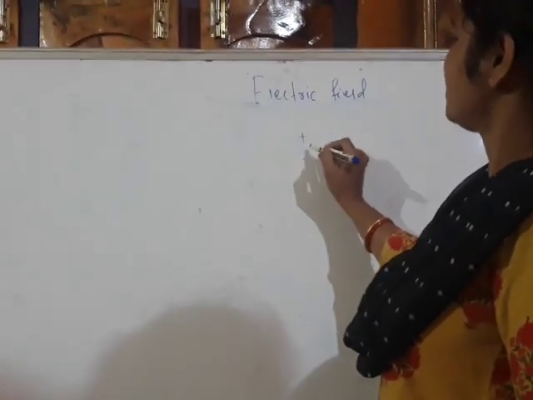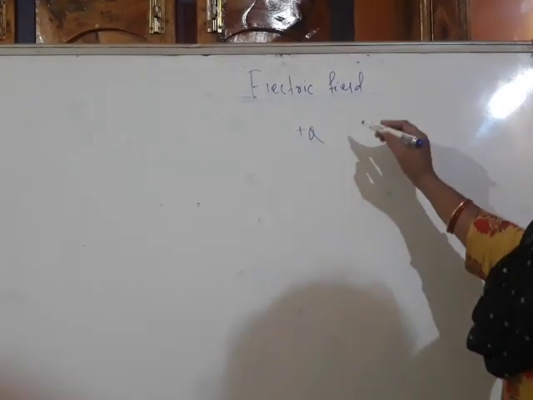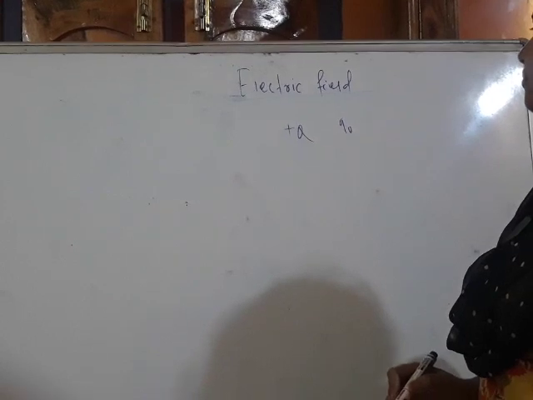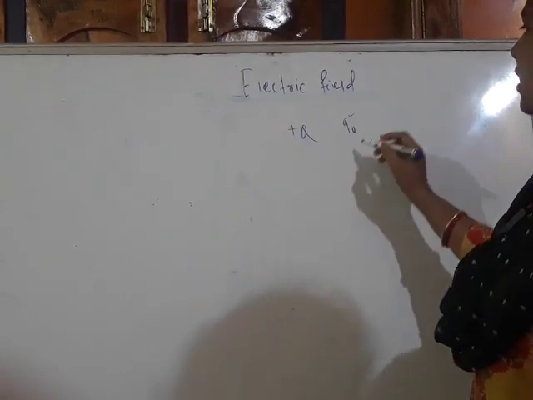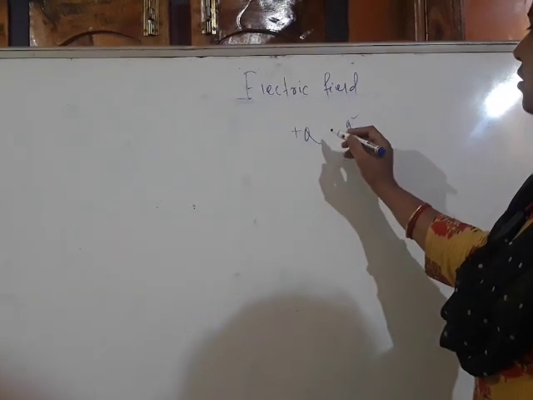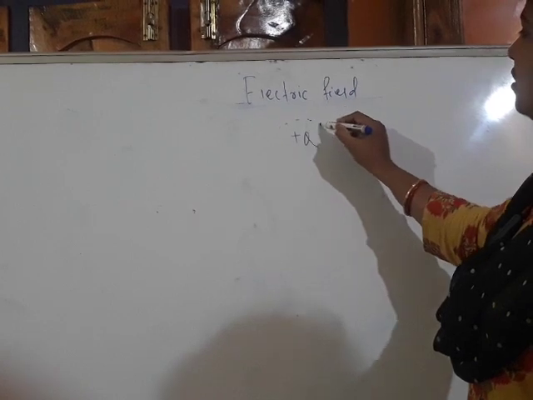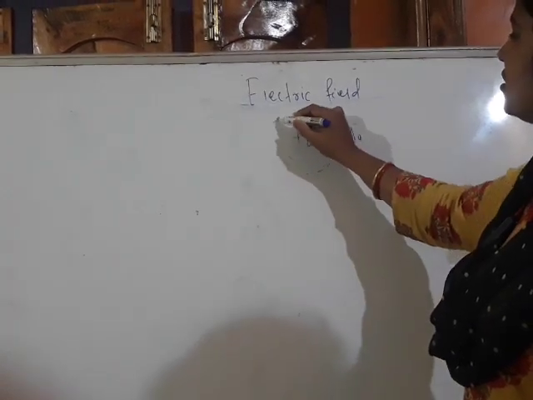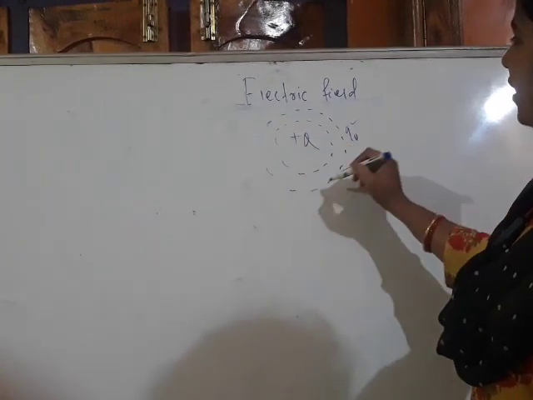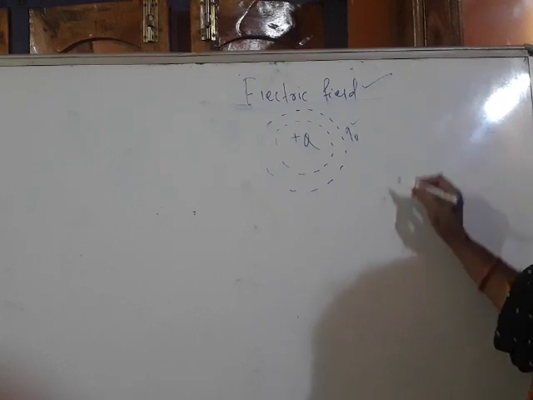If we place a charge Q here and another charge Q0 here, then the charge plus Q can repel the charge Q0 within a certain region, and this modified region is known as electric field.